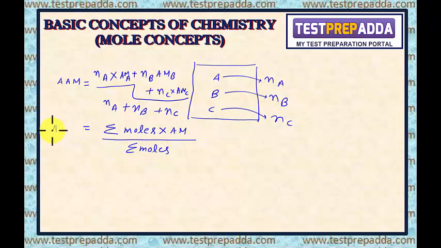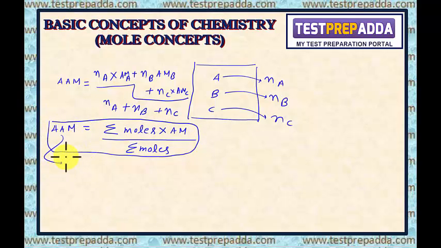So this is the formula for the average atomic mass. This we also say as atomic mass of a mixture of different elements.